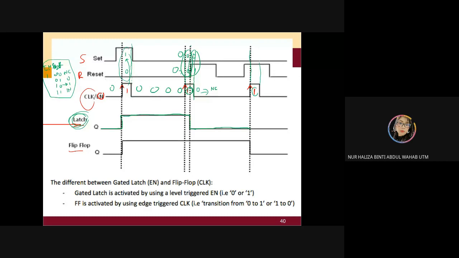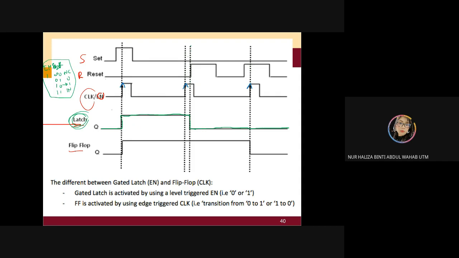So it's going to be no change until you meet another 1 there. Your input here is 1 and 0. 1 and 0 is going to be 0, and at this part, no change. This is your latch. For your flip-flop, you're going to see at the trigger clock only.